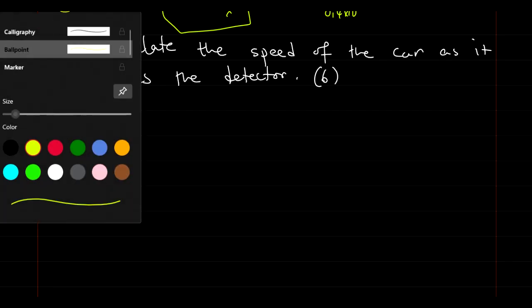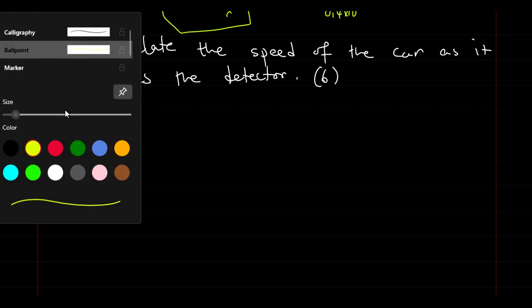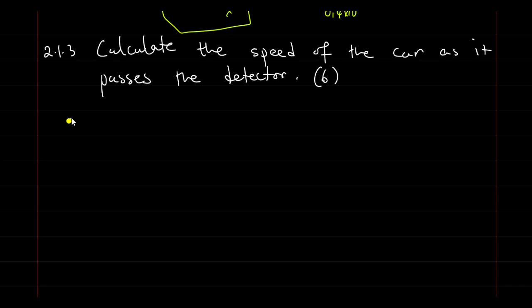So now, before we can do anything, let's write the formula for the Doppler effect. So the formula for the Doppler effect is FL is equal to V plus or minus VL over V plus or minus VS, multiplied by Fs. So now let's identify the data that we have.